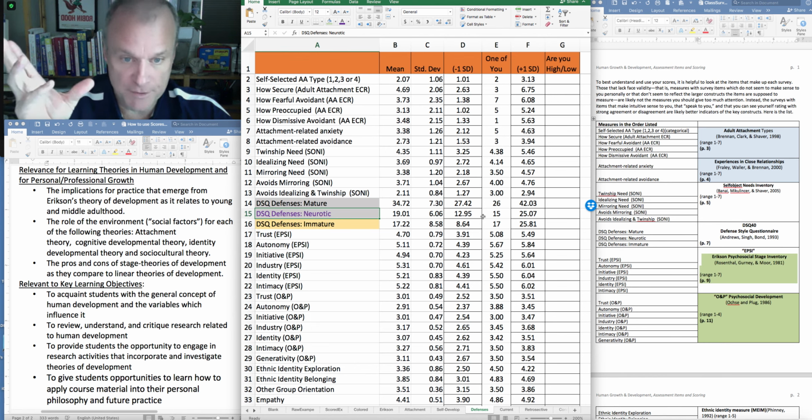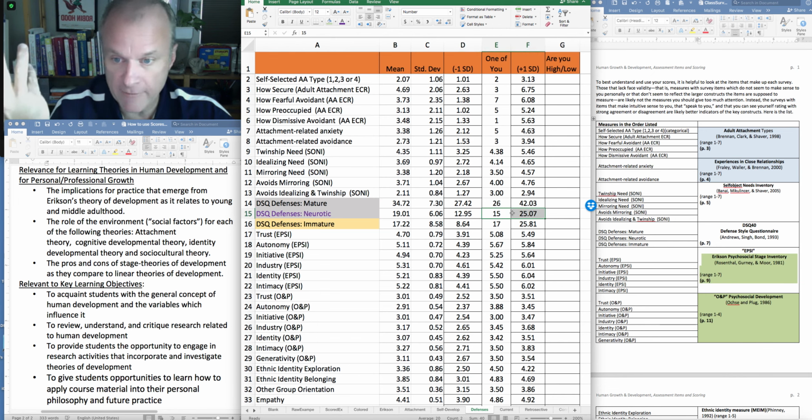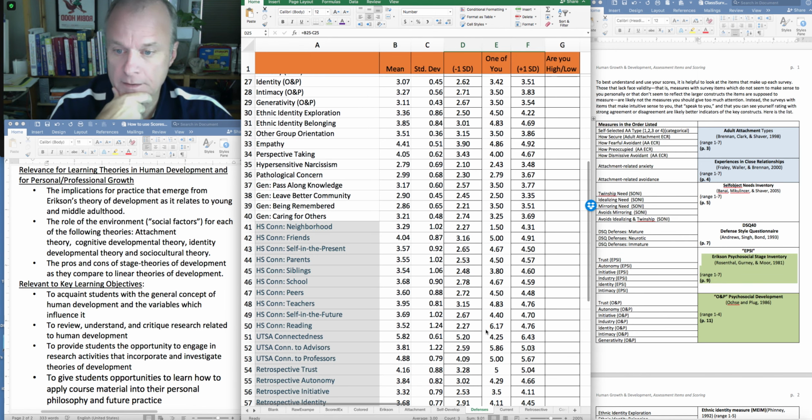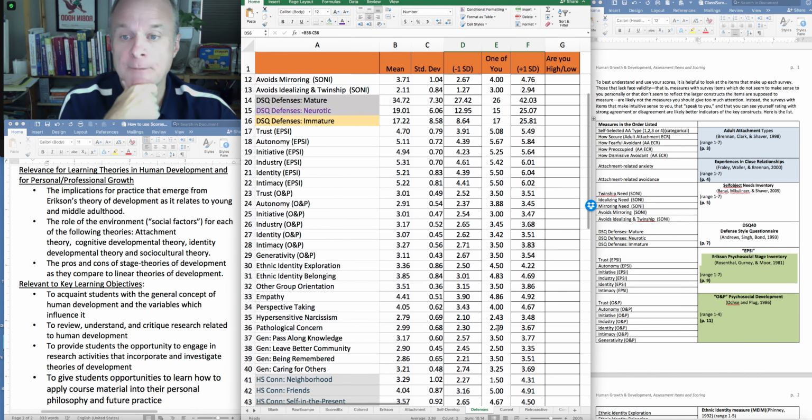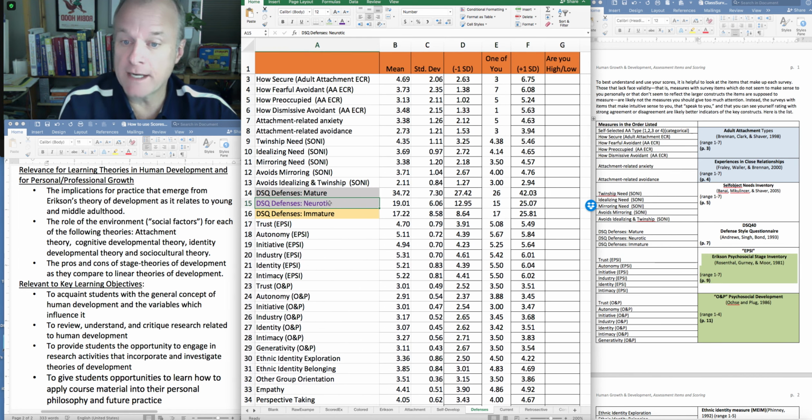Now, this person's scores are low to average, and their initiative scores are average and average. Go down to the one down here, initiative. Yeah, average. So nothing striking there, but I want to just highlight neurotic defenses connect to that stage of development. I'll just highlight it here.